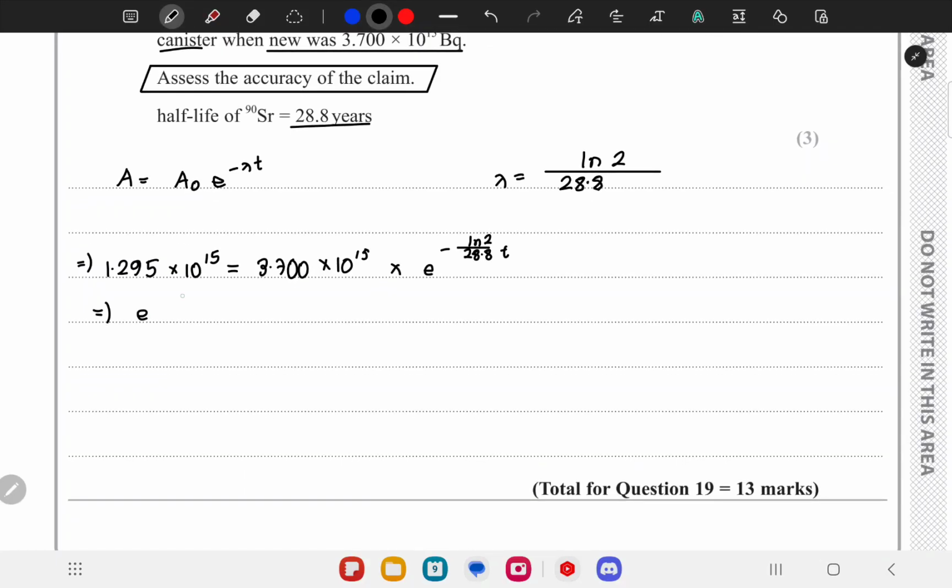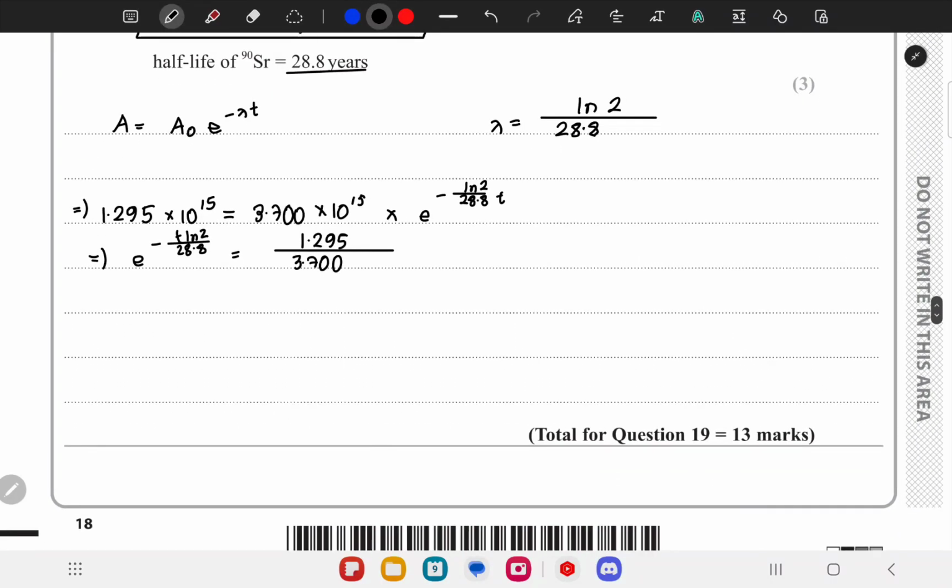We can move e to the power minus t ln 2 by 28.8 to one side and have 1.295 divided by 3.700 on the other.